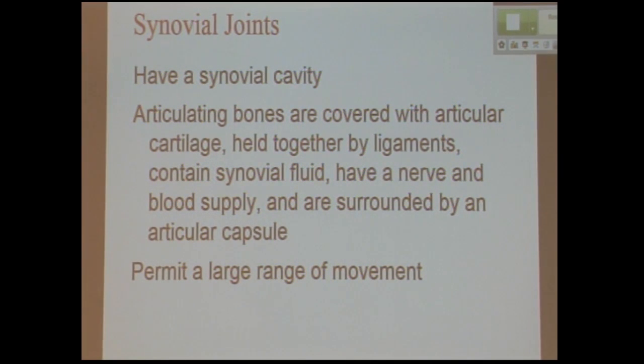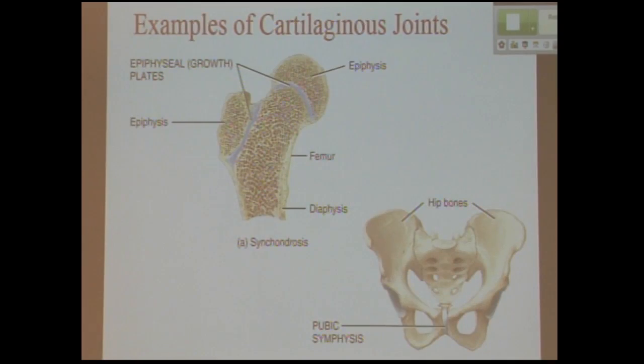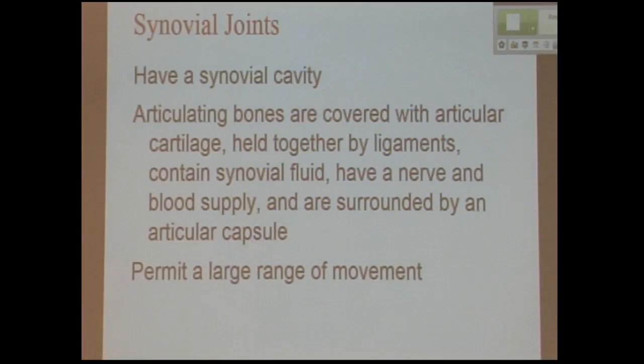You never hear about anyone having a problem with their fibrous joints or anything like that. So synovial, there's a cavity, and there's also ligaments around them. There's nerves, there's blood coming to them, and they let you do a large range of movement. And of course, you saw all of that yesterday.